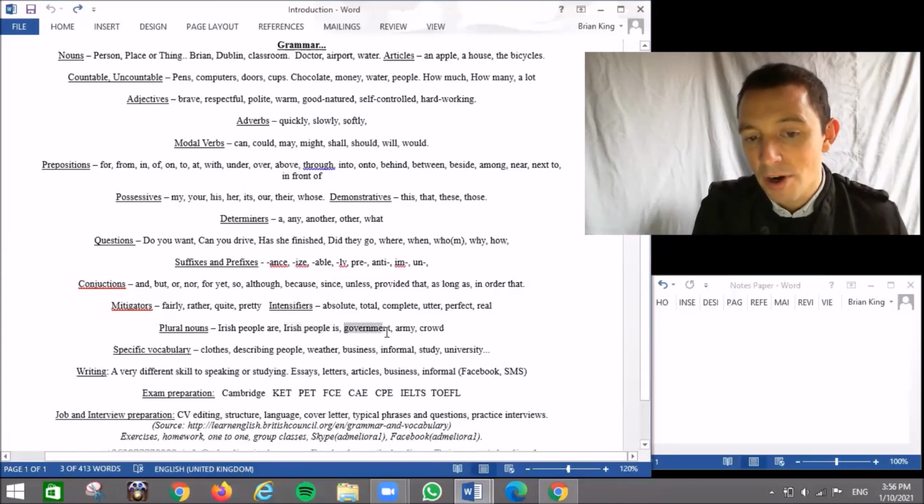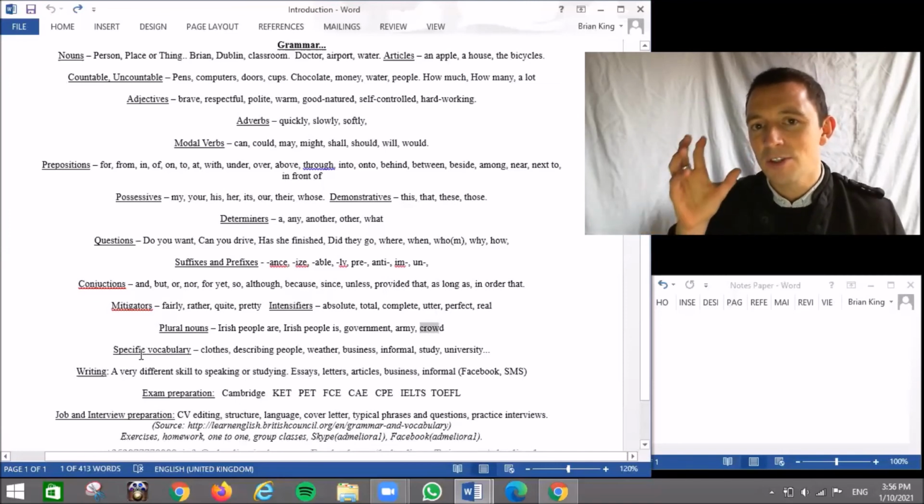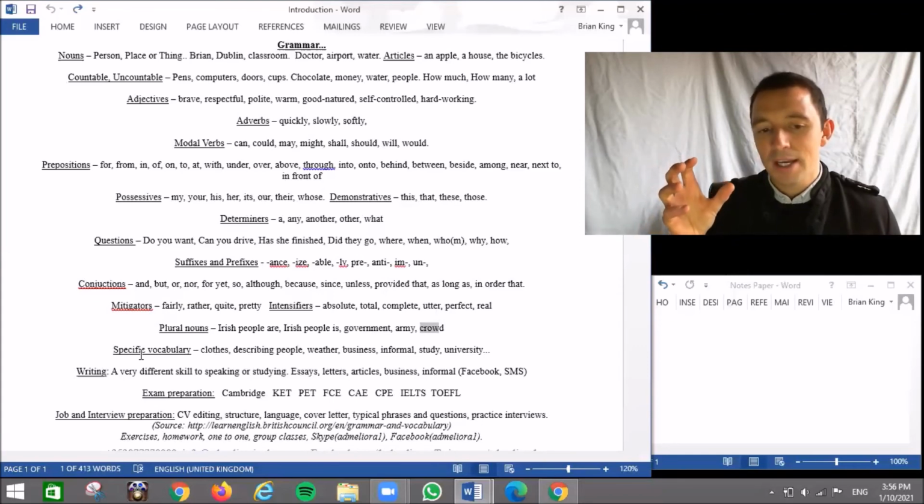So government, plural, army, plural, crowd, plural, okay? And then later, it's possible to concentrate when you're studying English on specific vocabulario, okay? So cuando estás estudiando inglés, es importante también enfocar en una lista de vocabulario para una asignatura particular o tema particular, okay?